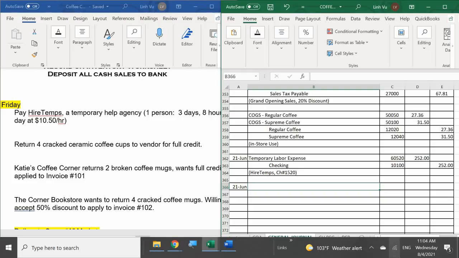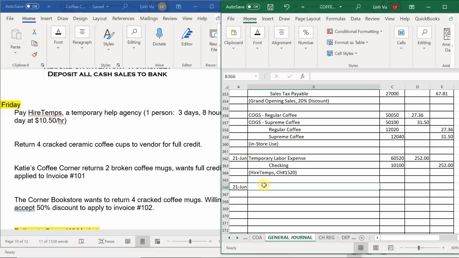Inventory. Okay, so what did we purchase our ceramic coffee mugs as? In this case, how do I keep track of my ceramic coffee mugs?